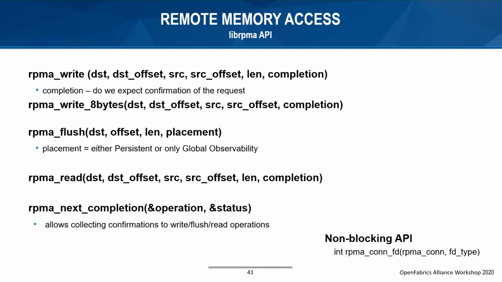And the next completion will deliver a completion when it is requested, for example, when you would like to know when the flush operation has finished, but it also delivers every completion in case of whatever error state. So for any fault of execution, we also get a completion with an error description. So next slide, please.